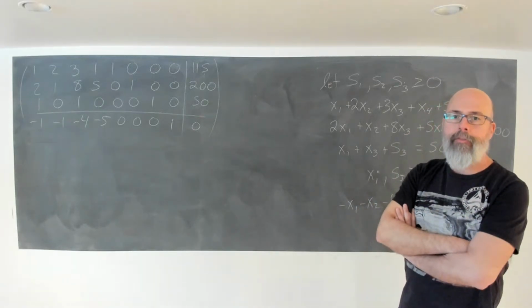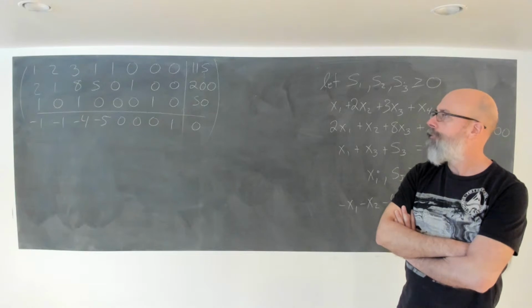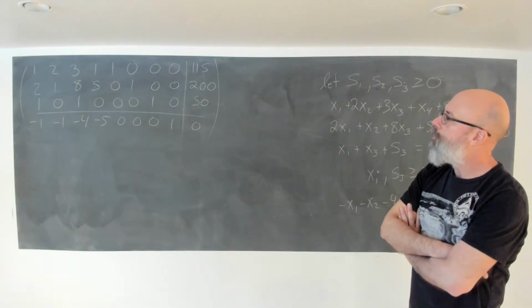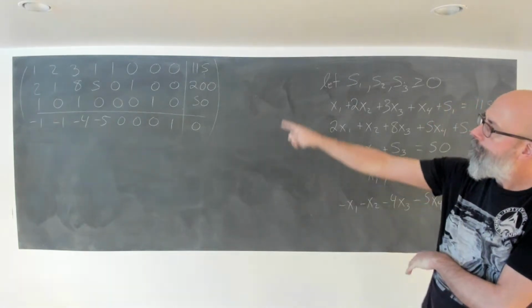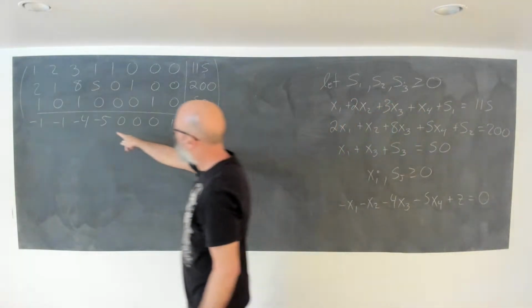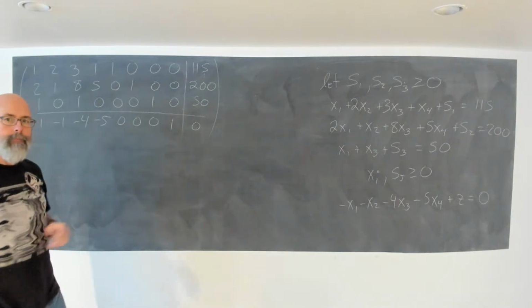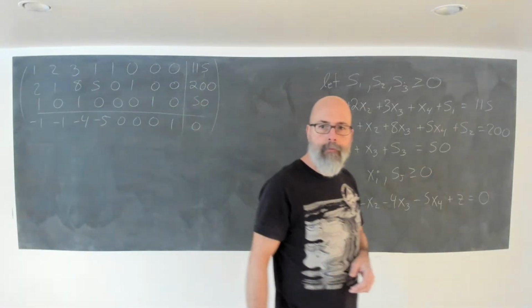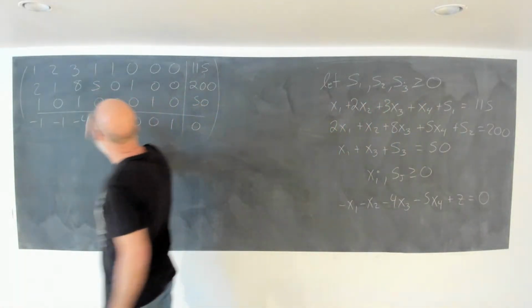We next need to find a pivot. The pivot lies in the column with the most negative number in the last row. So the pivot's going to live in this column. Pivot cannot be 0 or negative, so it's either going to be 1 or 5.